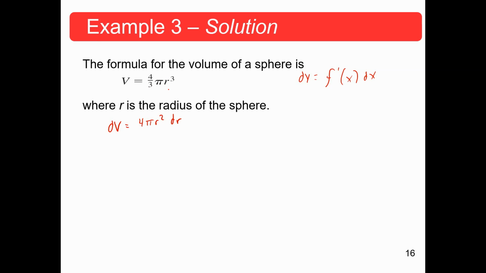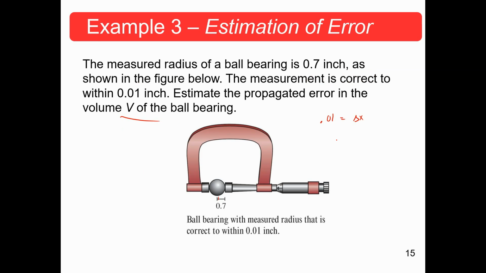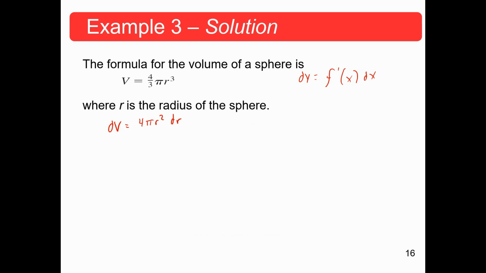I'm given that 0.01 is that delta x, but really it's dr here, so we're going to call it dr instead of dx. 0.01 is our dr, and r was given as 0.7. So we've got 4 pi times 0.7 squared times 0.01.